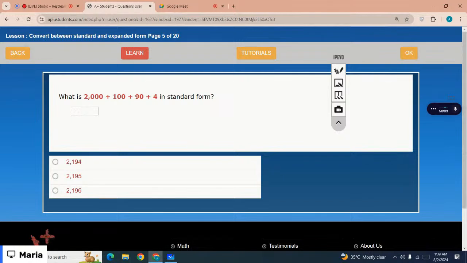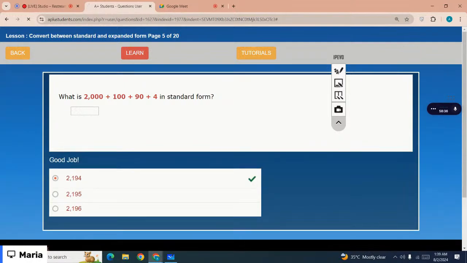What is 2000 plus 100 plus 90 plus 4 in standard form? So, which is the correct option? The correct option is 2194. Option number 1 is the correct option.